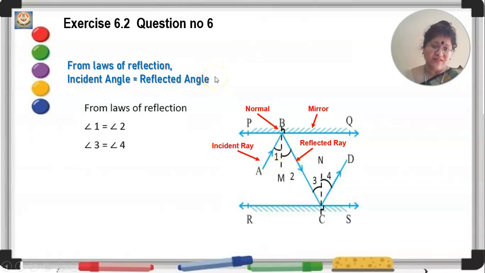In physics, you have learned, according to the law of reflection, the incident angle is equal to the reflected angle. So from that, angle 1 is equal to angle 2, angle 3 is equal to angle 4. So students, you draw this diagram in your notebook and mention this from the laws of reflection, this statement, and this is important. Okay, so write down this: 1 is equal to 2 and 3 is equal to 4. And why is this so? Because from the laws of reflection.